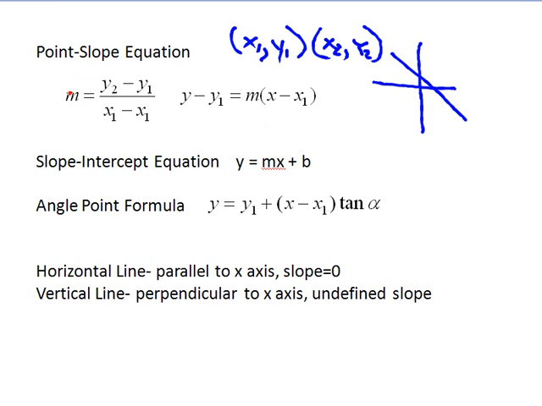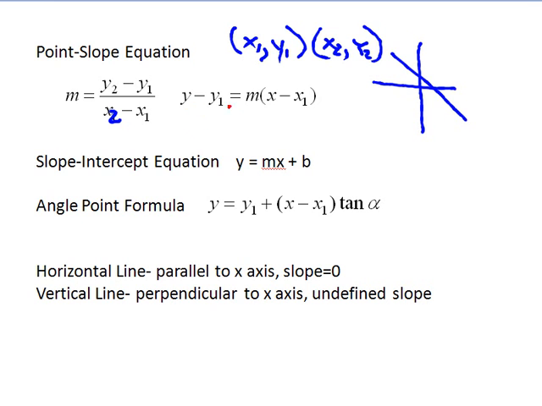When we want to determine the slope given 2 points, we put it into this equation: Y2 minus Y1 over X2 minus X1.